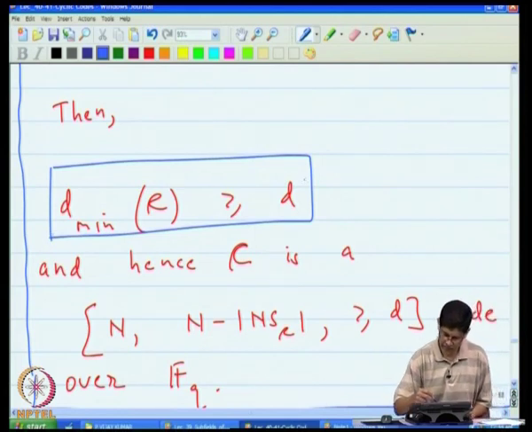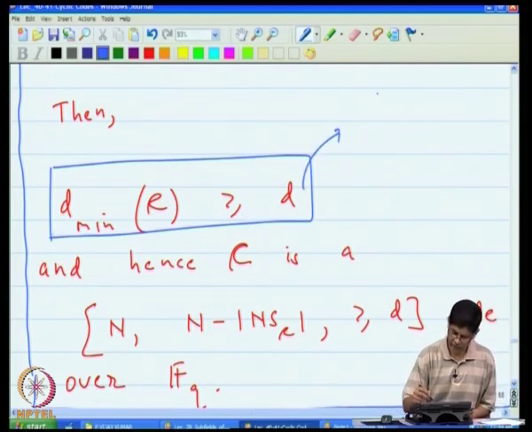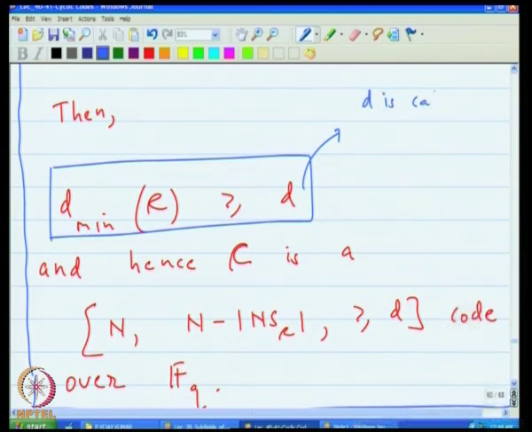Just a quick remark here, and not a part of the theorem: d is called the design distance of the code.